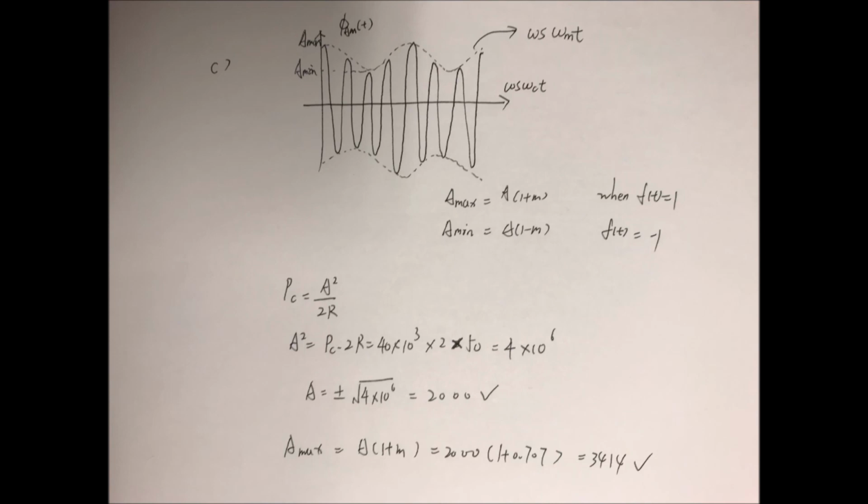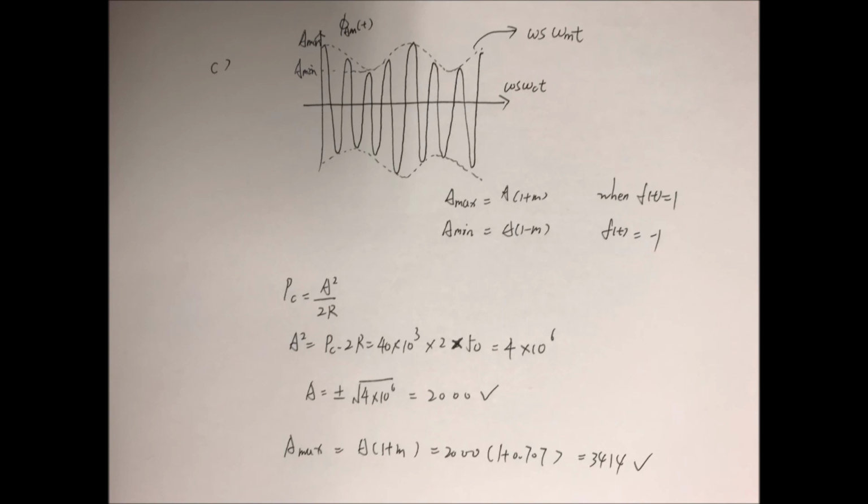PC is A squared over 2R, so A squared will be PC times 2R. PC is 40, 40K becomes 10 to the third. So A squared is 400,000, right? Oh no, 4 million, 4 times 10 to the 6.